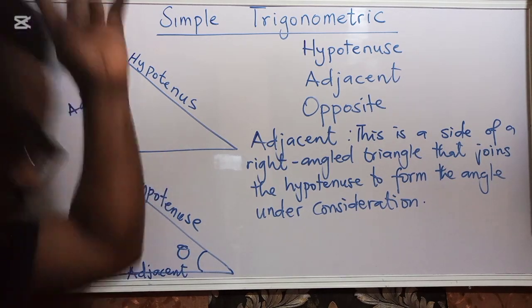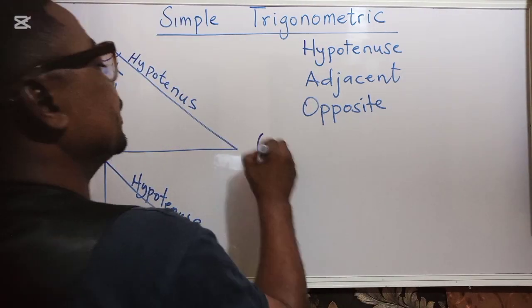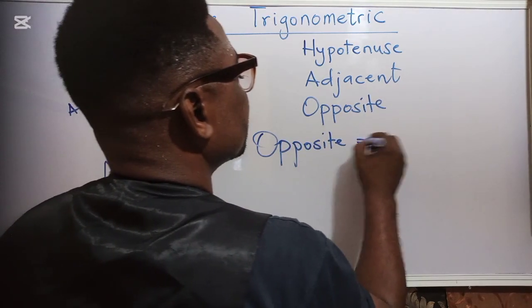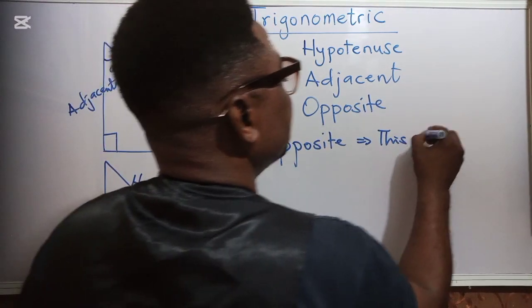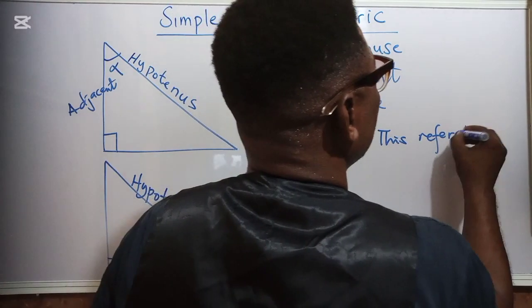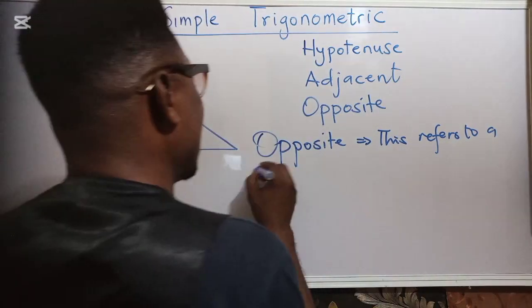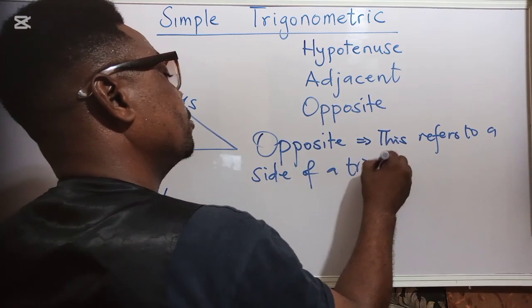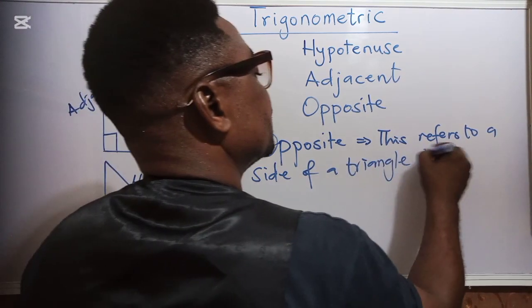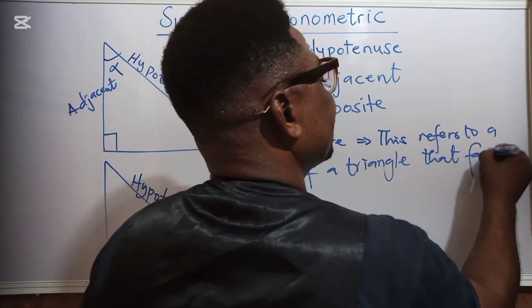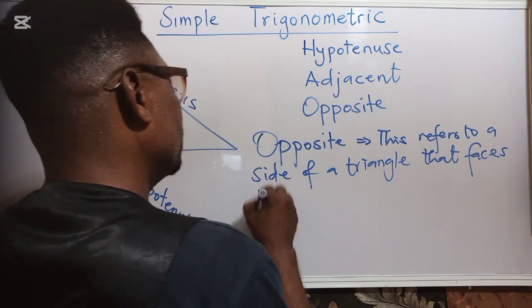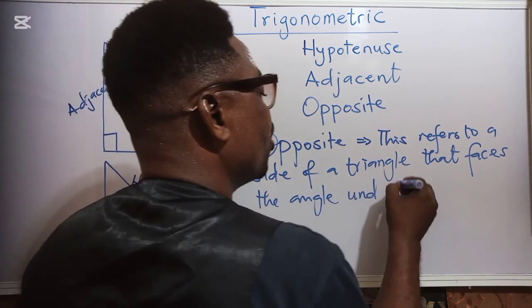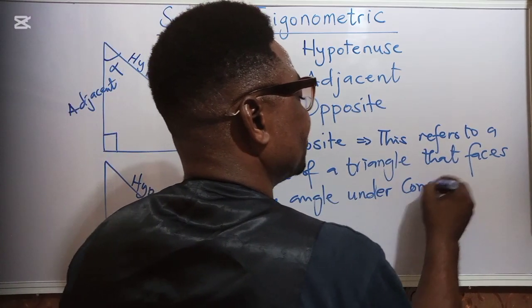Let us look at the definition of opposite. Now, opposite refers to a side of a triangle that faces the angle under consideration.